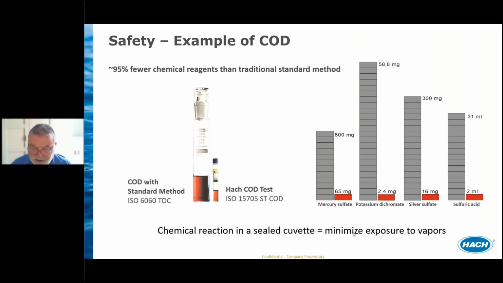With LCK cuvette tests, the operator is not in contact with the reagents, and the volume of which is reduced by 95% compared to the traditional method. Mineralization and measurement are done in closed tubes, which drastically reduces the risk of exposure to toxic vapors.